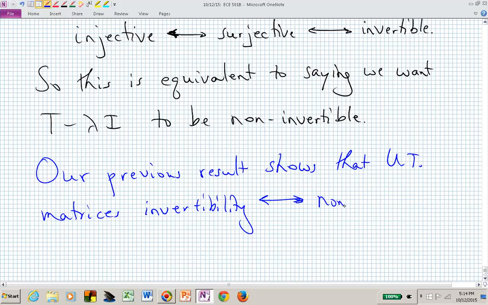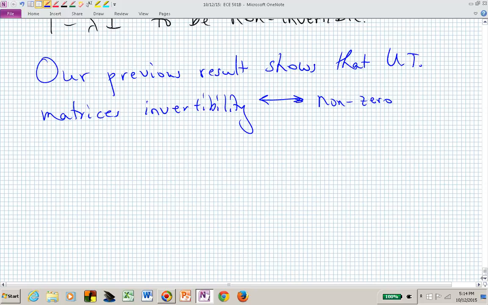They're non-zero. So we have non-zero elements on the diagonal.